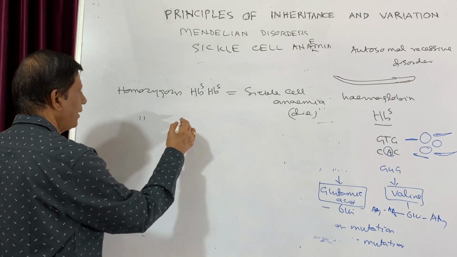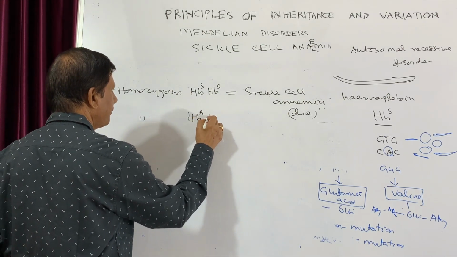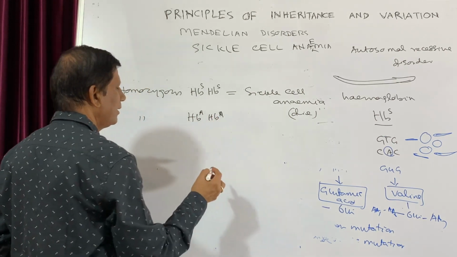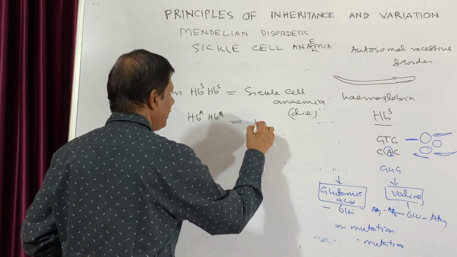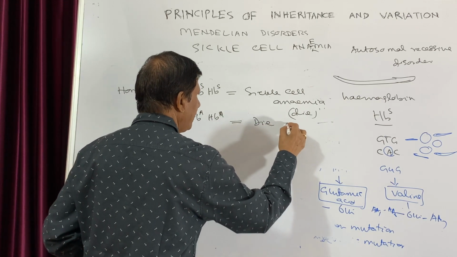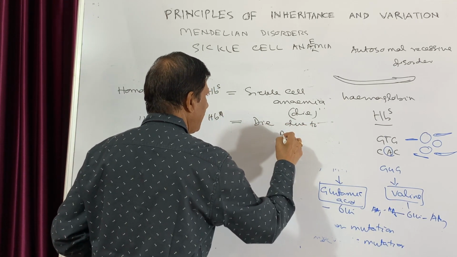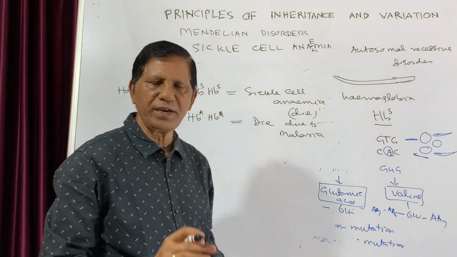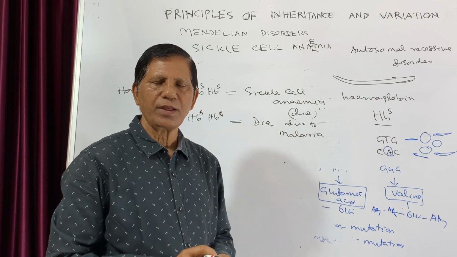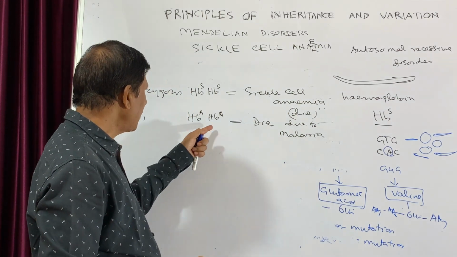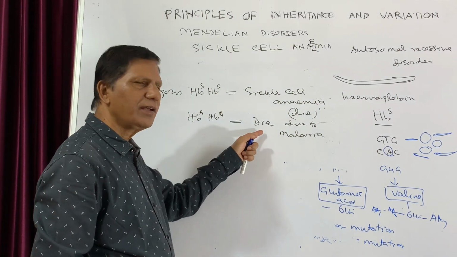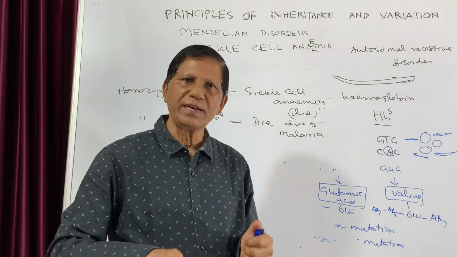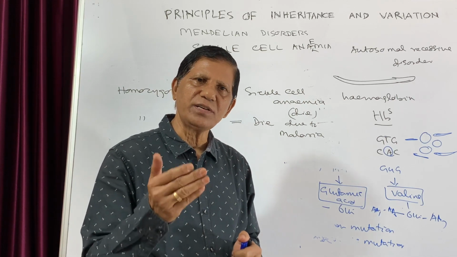Suppose it is homozygous normal. When it is homozygous normal, there is also every possibility that the person will die due to malaria. Because in malaria prone areas like Africa, Mediterranean and some parts of India, those who are homozygous normal, in them this malaria parasite plasmodium can multiply and it may cause death.